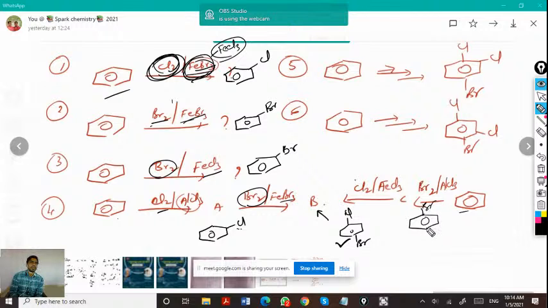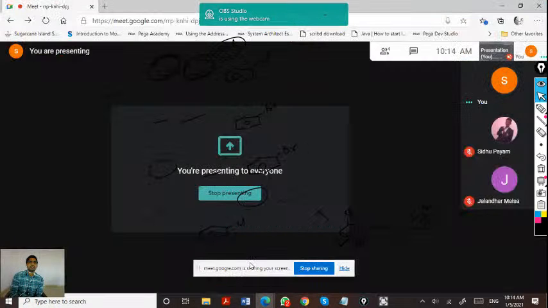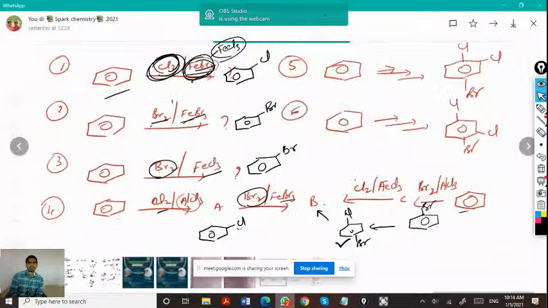But among ortho and para, ortho will be sterically crowded, so para will be the major product. So again it's going to give this. In both ways the product is one and the same, which is why I gave two combinations resulting in B.